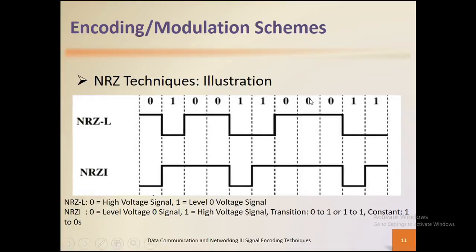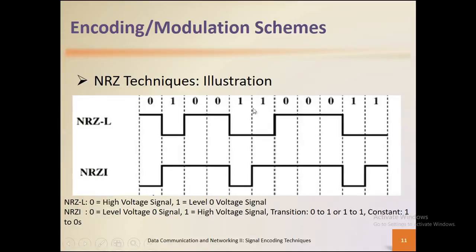That's a 0. Now, keep in mind, 1 to 0 has no transition, which means we're going to stay at that voltage level, at that low voltage pulse, until we have maybe a 0 to a 1 before we transition again. Okay?